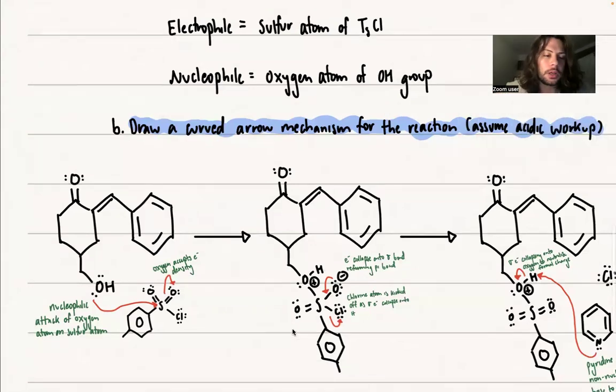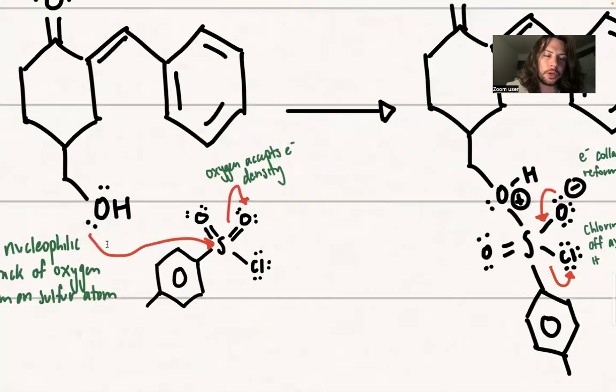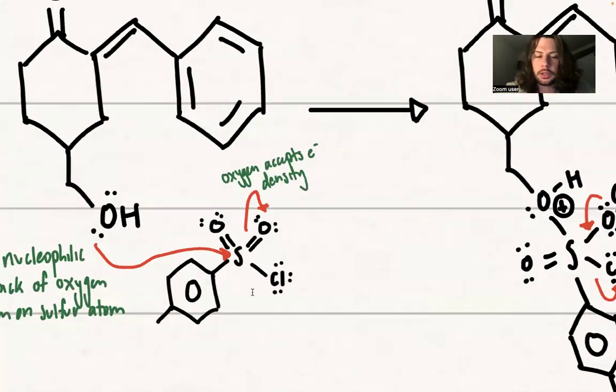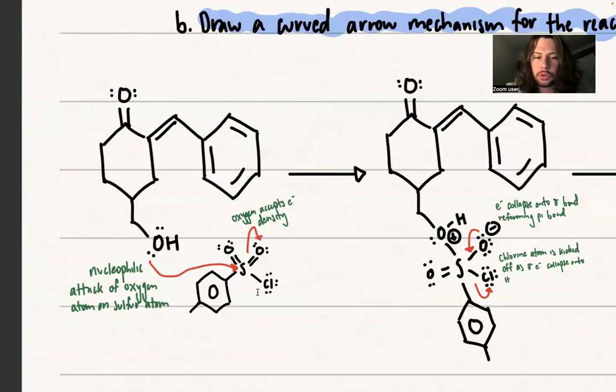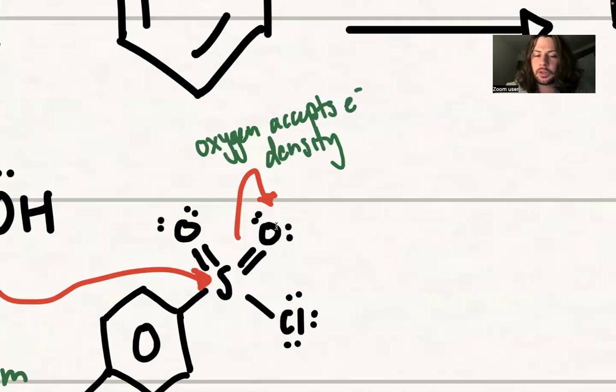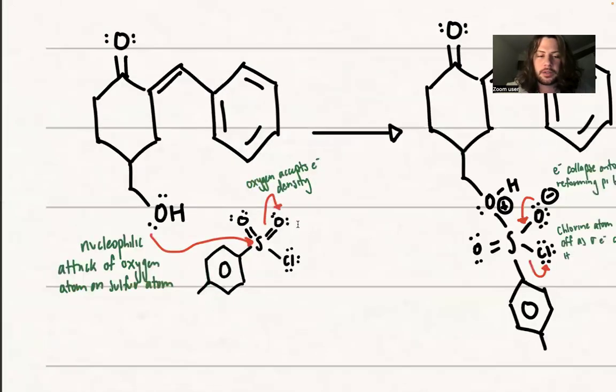And we'll see right here in part B how that actually works in the curved arrow mechanism for the reaction below. So starting off here, we're going to have this lone pair of electrons on the oxygen atom attack the sulfur atom of this tosyl chloride, and that is going to displace the pi electrons in this sulfur-oxygen pi bond system to the oxygen atom itself.